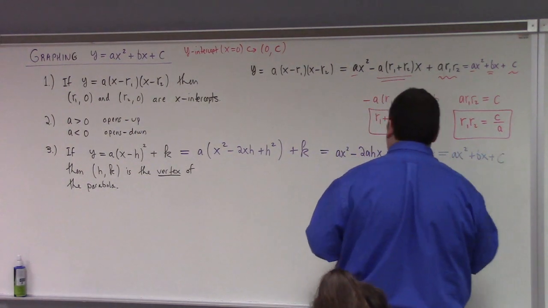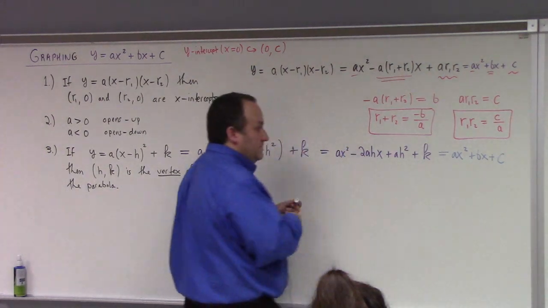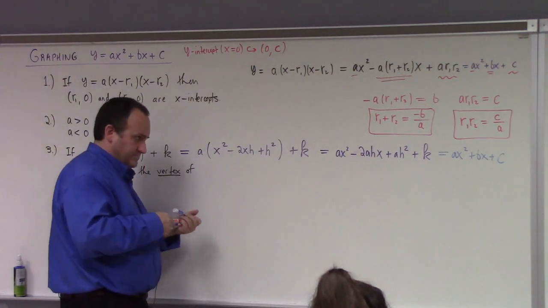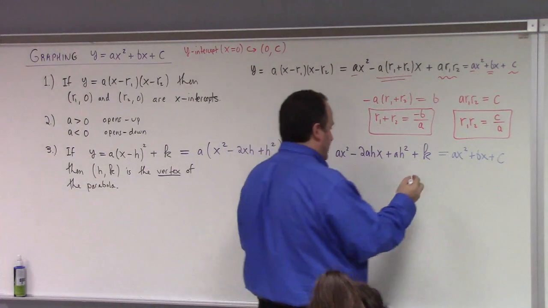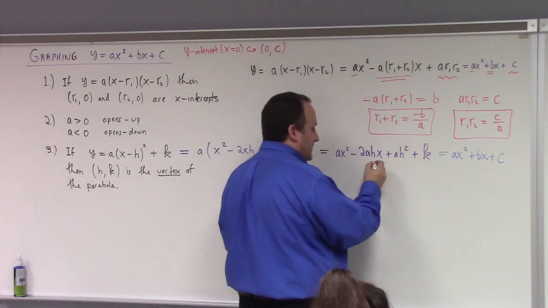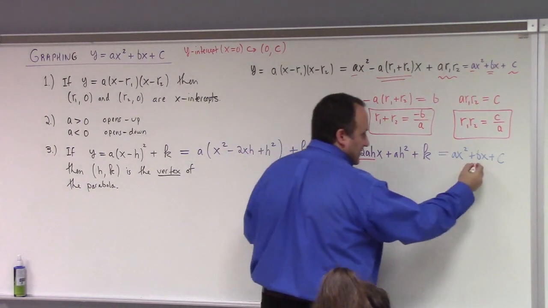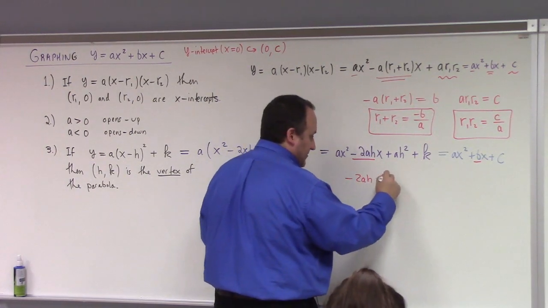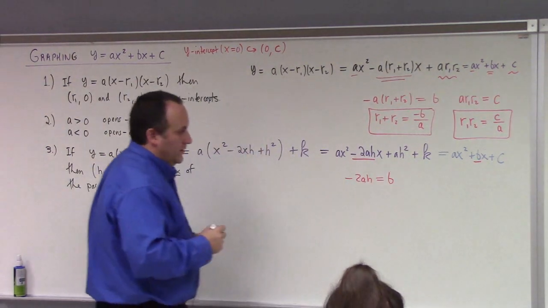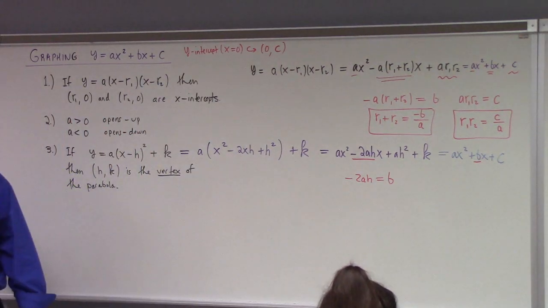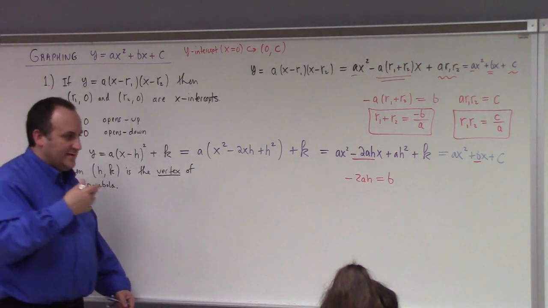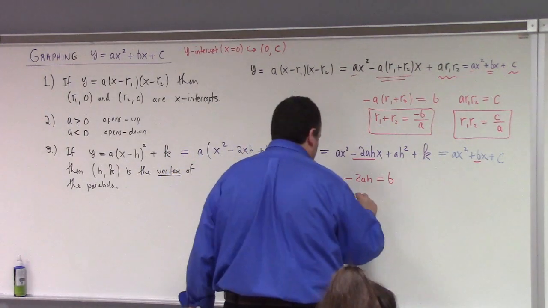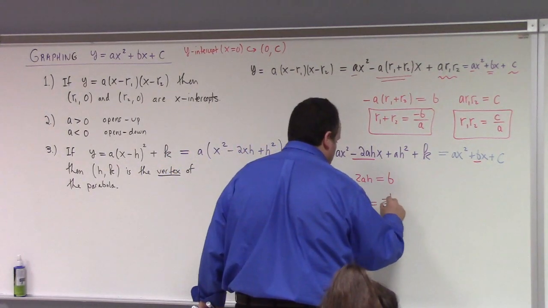So what's that tell me? That tells me formulas. One thing it tells me is that a equals a, who cares? The other thing it tells me, though, is that minus 2ah is equal to b. Oh! That's actually very nice. That gives me a straight up formula for the h coordinate of the vertex. Here it is. h is equal to minus b over 2a.